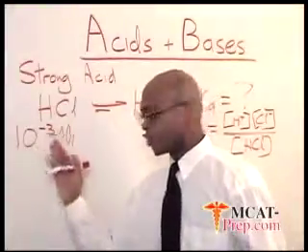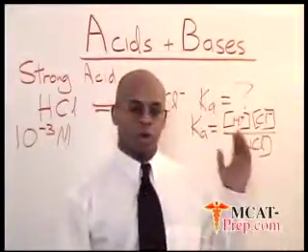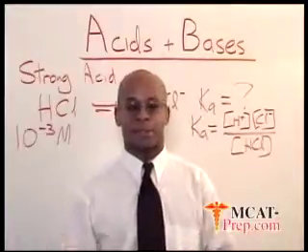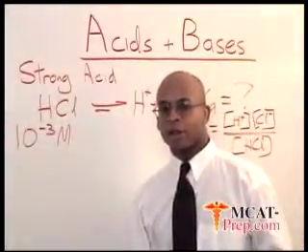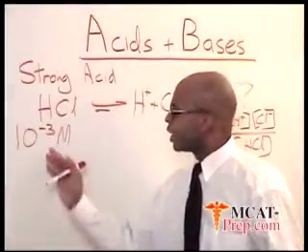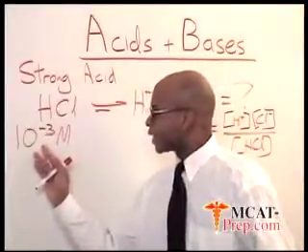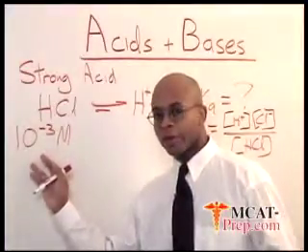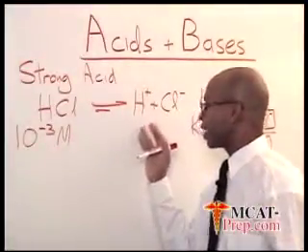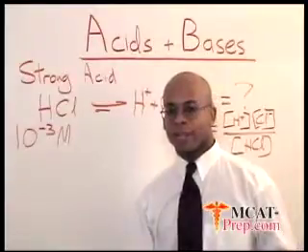Well, because we know that our Ka is essentially infinity, meaning this will completely dissolve or dissociate, we can suggest that whatever molarity we start with is going to be the molarity of each of these substances later.